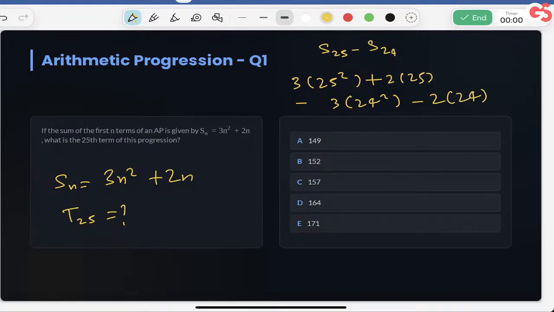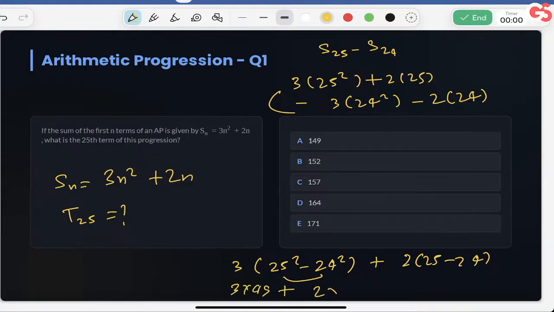You can do this really quickly by taking 3 common: 25 squared minus 24 squared. These are a few techniques to solve things quickly. Because a squared minus b squared is (a plus b) into (a minus b), and a minus b is 1 here, we get 3 into 49 plus 2 into 1. 147 plus 2 is 149. Option A. Cool. All of you got that.